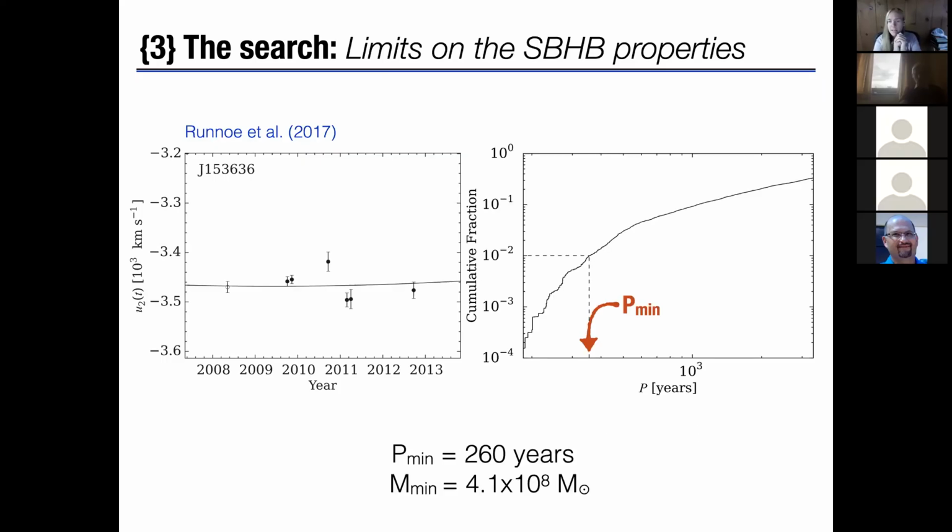And so at some statistical confidence, say 99%, the minimum period that this binary can have is a few hundred years. And assuming circular orbits, assuming the velocity offset that we observe, for any geometry of the orbit, which is unknown, for any mass ratio, which is also not completely known, the minimum period translates directly into a minimum mass.